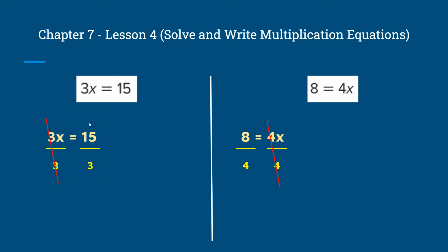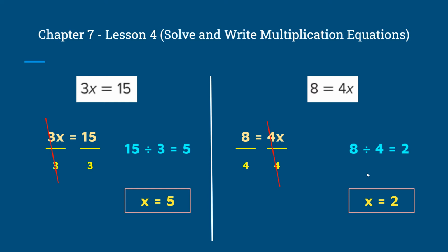So on the left, I'm solving 15 divided by 3. On the right, I'm solving 8 divided by 4. You can see what we've come up with for each one of these now. On the left side, x equals 5 because 15 divided by 3 is equal to 5. And on the right side problem, 8 divided by 4 is equal to 2. So my x is equal to 2 there.